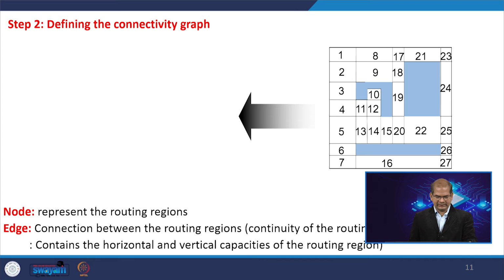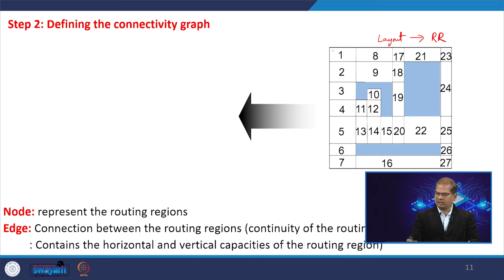If you can see here, on the right-hand side is the layout, which is broken down into the routing regions. From the routing regions we will define the connectivity graph. Whenever I have a graph, I have vertices or nodes, and edges.